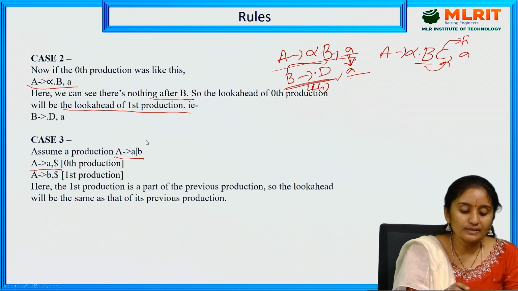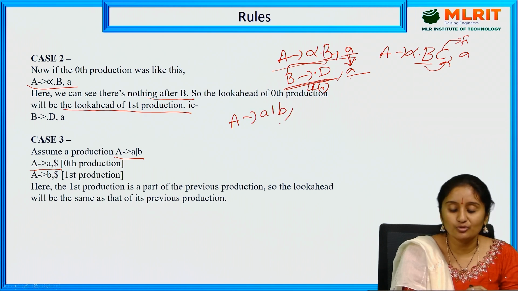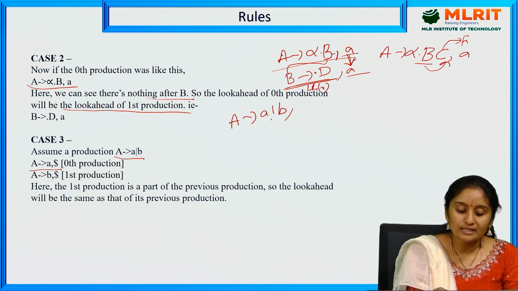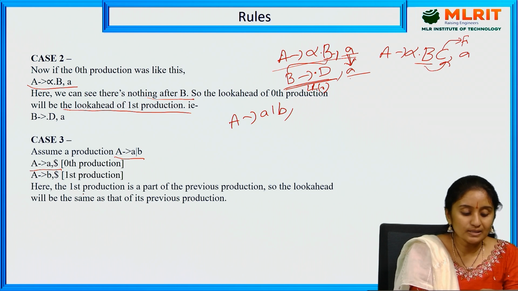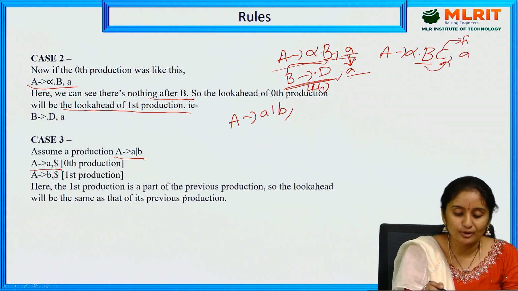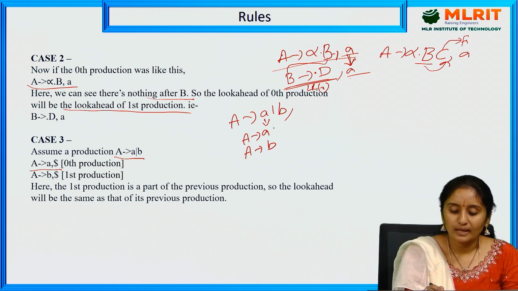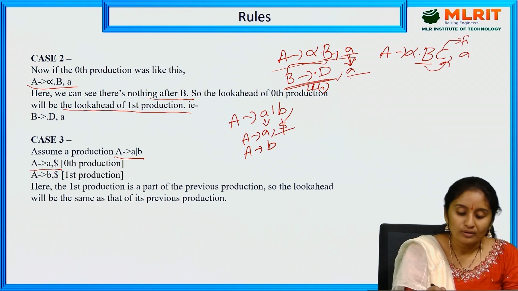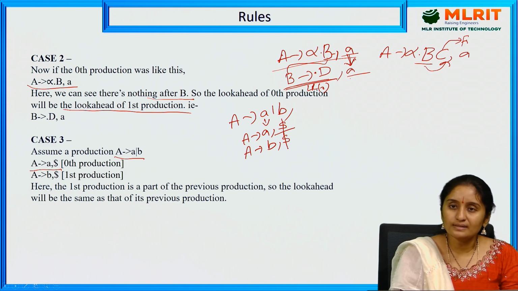Suppose in my original production I have A tends to A or B. Here the first production is part of the previous production. I can write this as A tends to A, A tends to B. If in my first production there is a dollar after the dot, then that production is directly written in the second case.